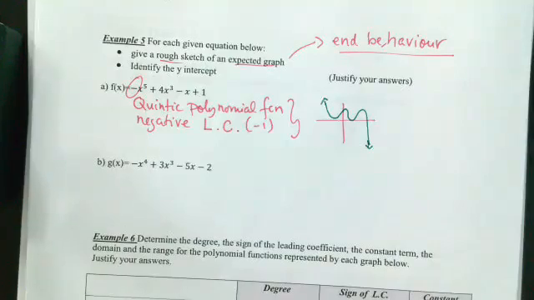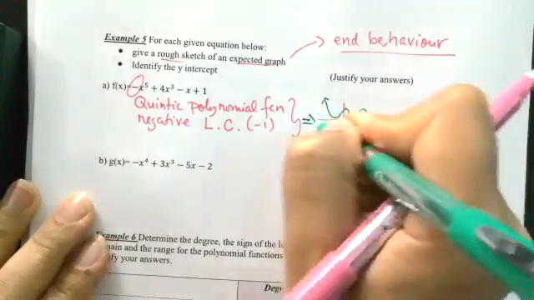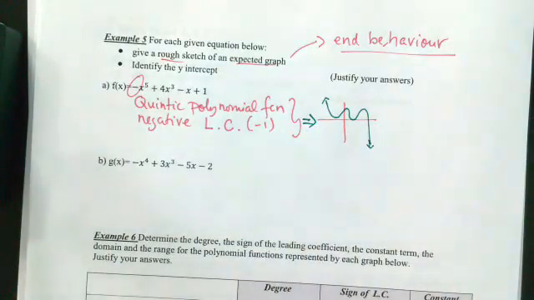Like that. Make sense? It's a rough sketch. You don't have to be exact. You just want to get an idea what kind of graph you're expecting to see once you start sketching these functions.